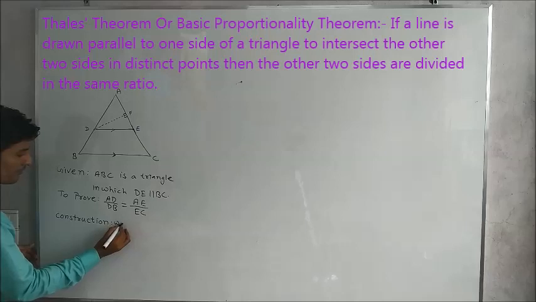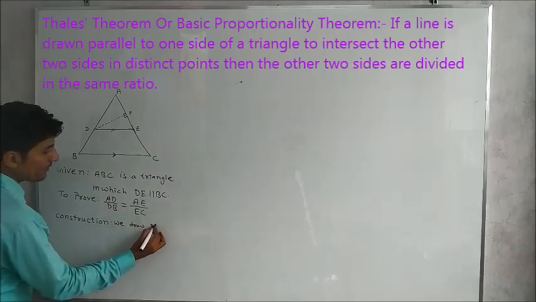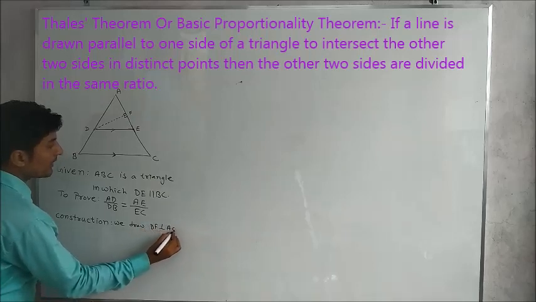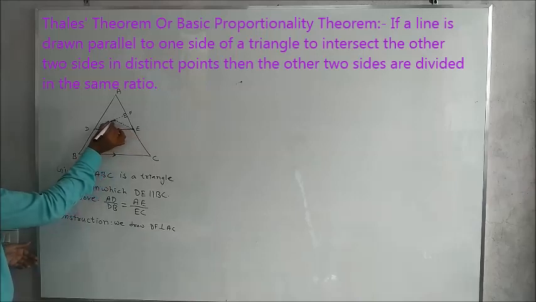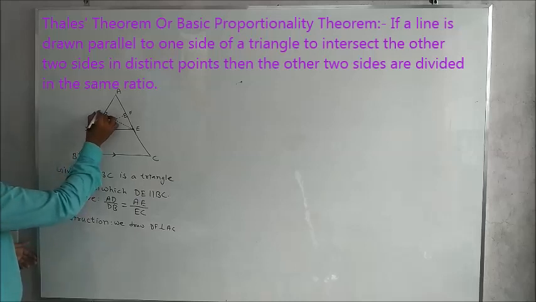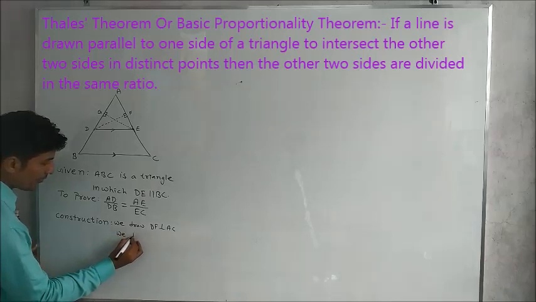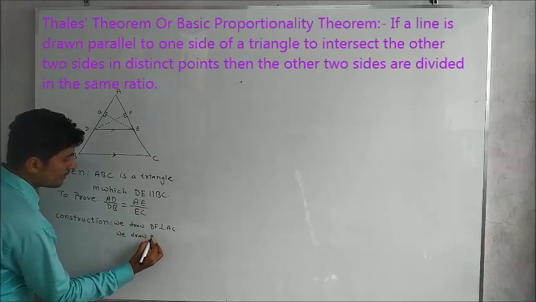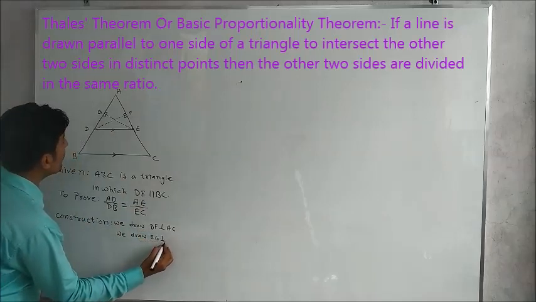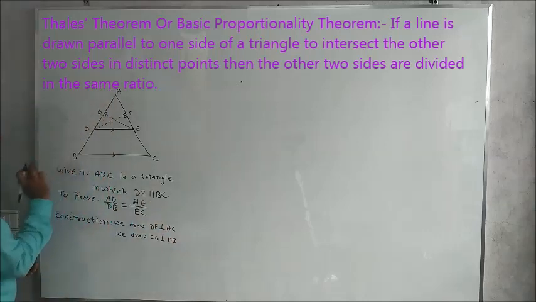So we write here, we draw DF perpendicular on AC. Similarly, we draw one more perpendicular from point E to AB. That perpendicular is EG. So we write here, we draw EG perpendicular on AB.